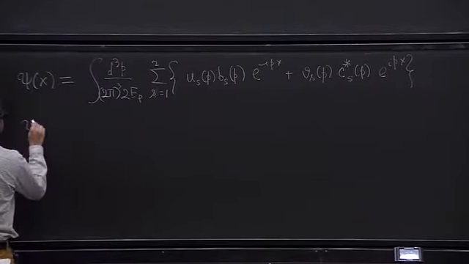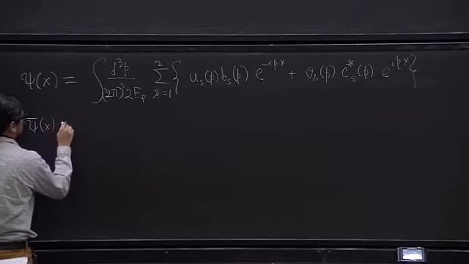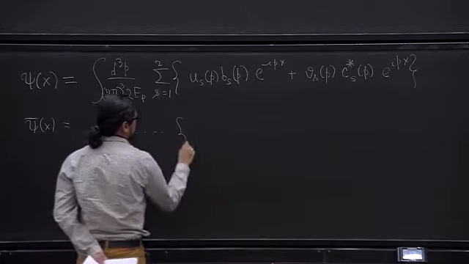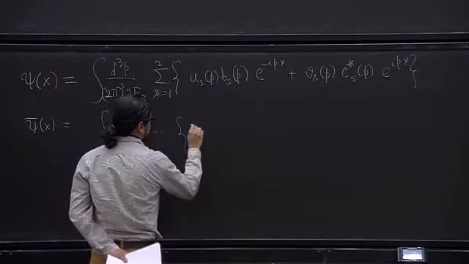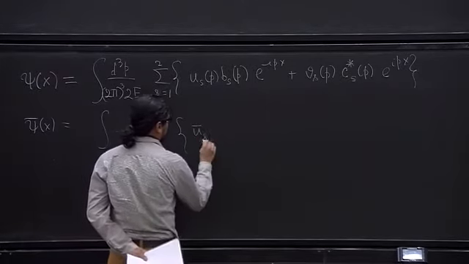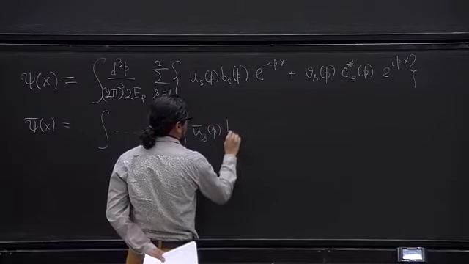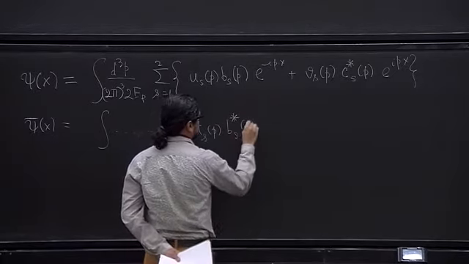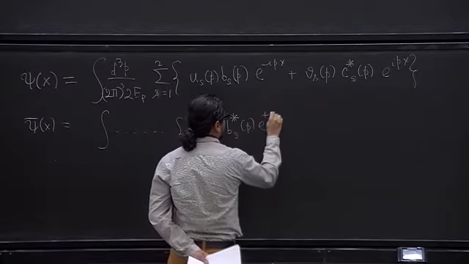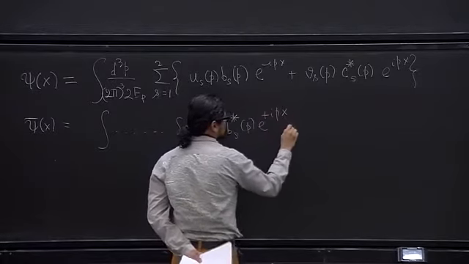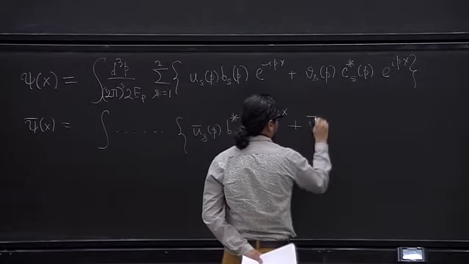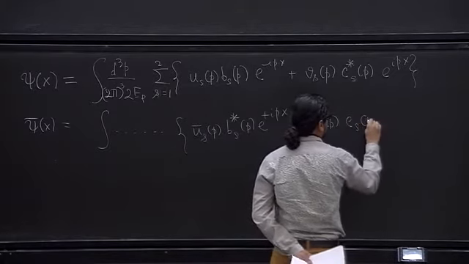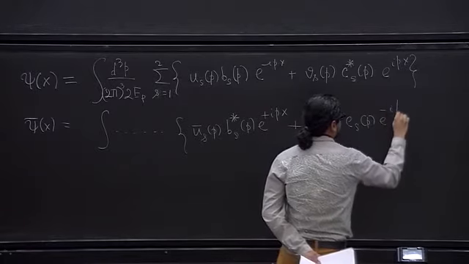And similarly, for psi bar, we have the same things, except here we have U bar of s of p. Here we have B star of s of p e^{+ip·x} plus V bar of s of p C s of p e^{-ip·x}.